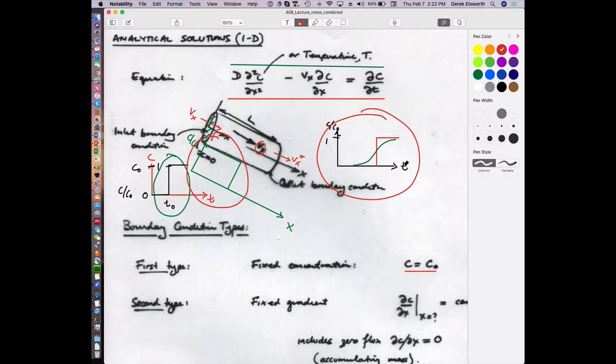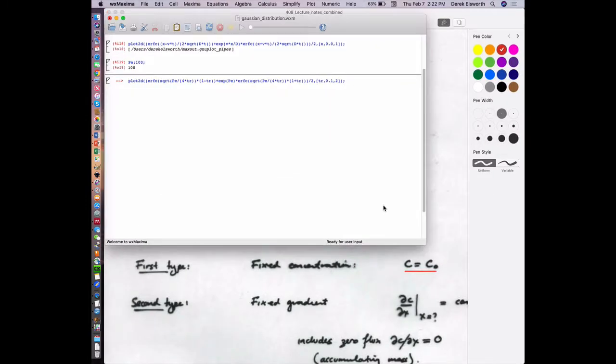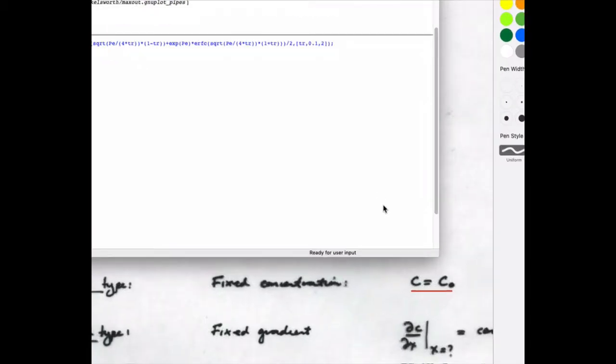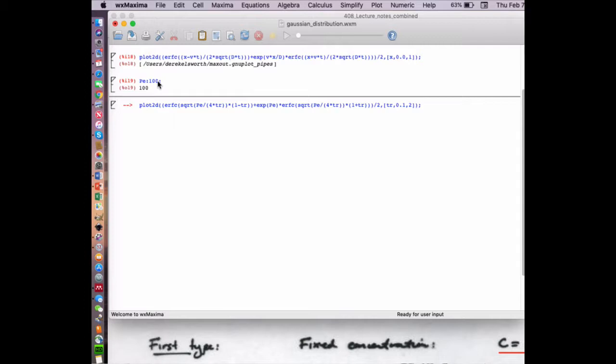Concentration as a function of time, which is exactly what this is, then we can come up with our solution, right? So all I'm going to do is put in a number for the Peclet number. We're going to look at all times into the future from 0.1 to 2. So 2 is 2 pore volumes. And if it's a Peclet number of 100, what do you think that curve is going to look like?